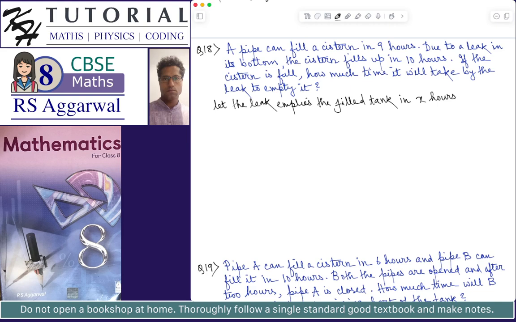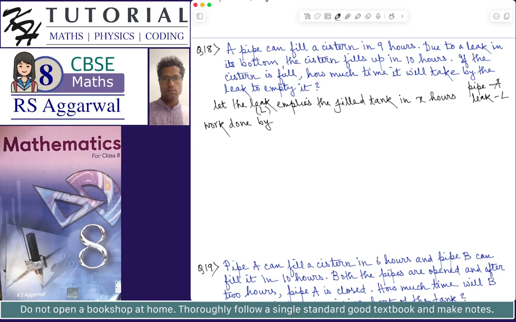Now it is given that the pipe can fill a cistern in 9 hours, that is without the leak. So we can say that work done by, now let's say we are abbreviating the pipe as A and the leak as L. We are assuming that the leak L empties the filled tank in X hours.